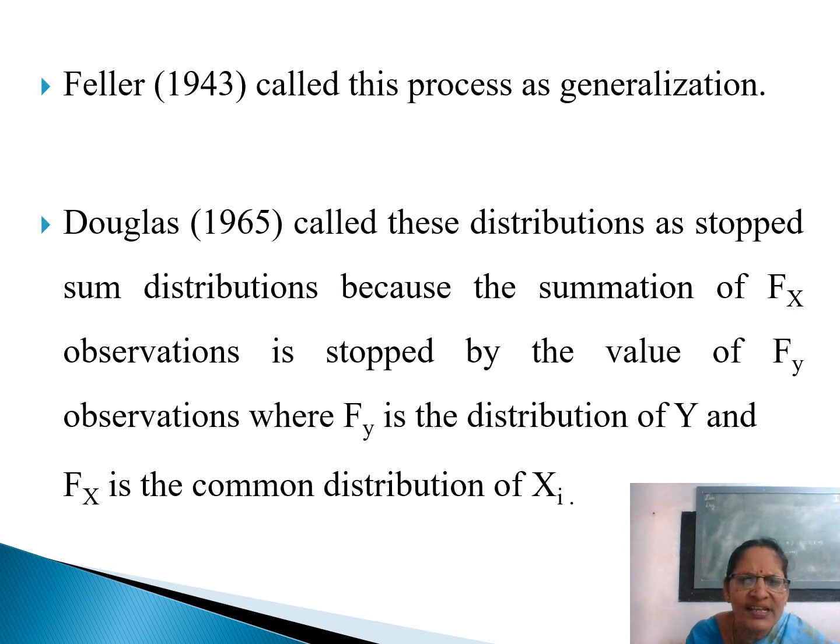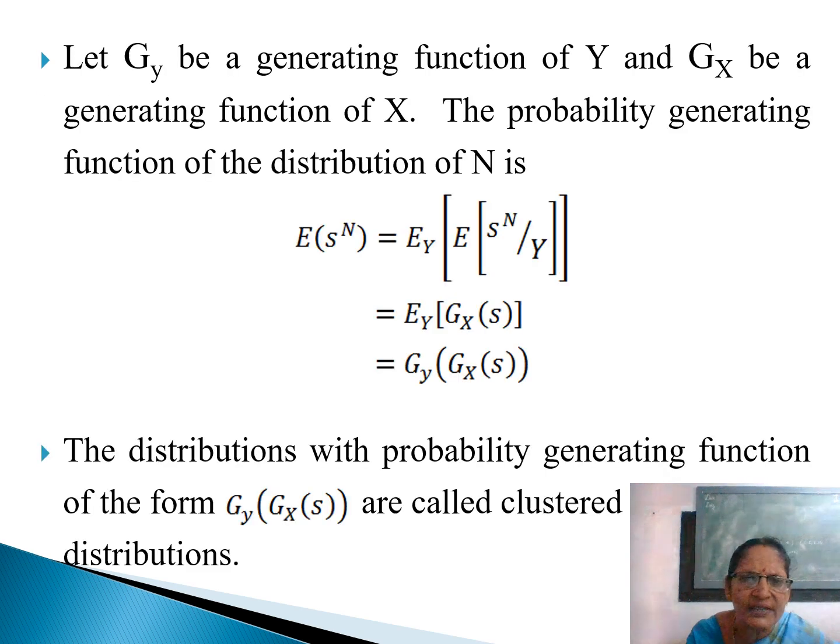Douglas called these distributions stopped sum distributions because the summation of fX observations is stopped by the value of fY observation, where fY is the distribution of Y and fX is the common distribution of Xi.